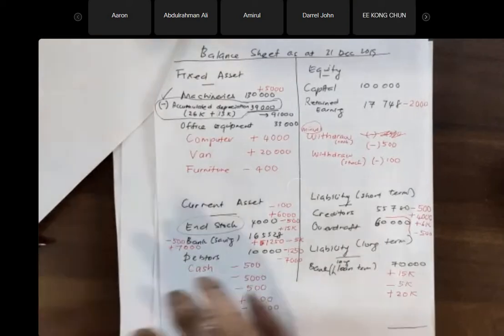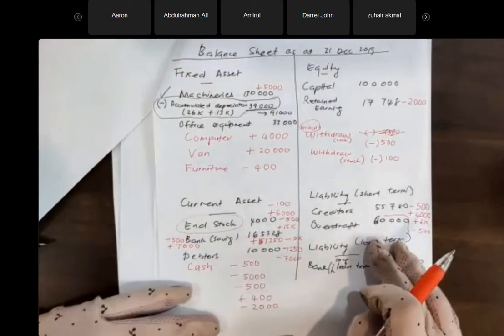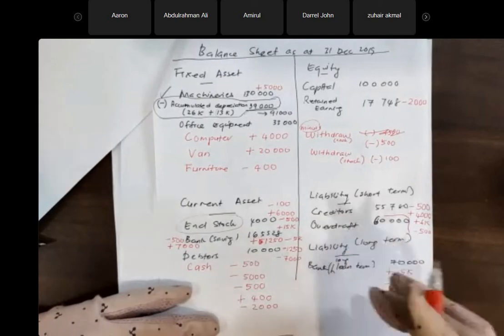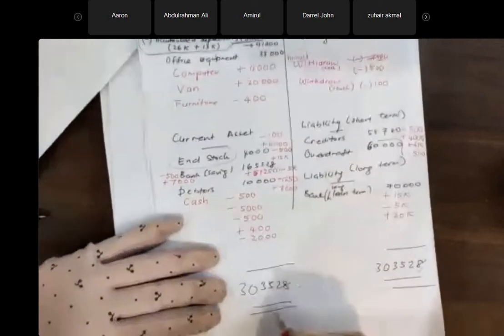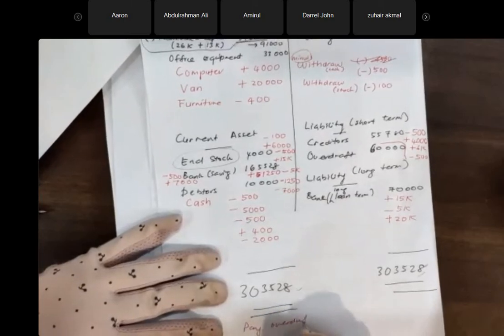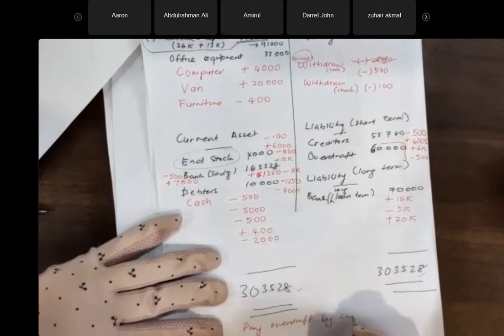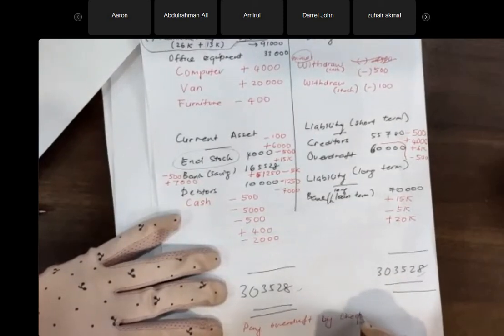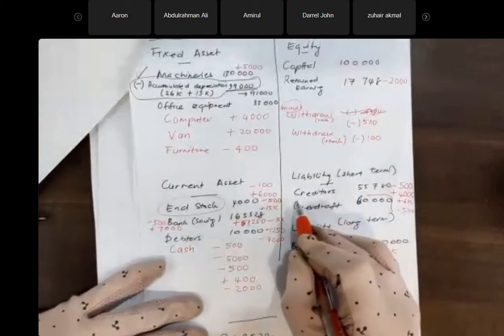Ada ke soalan yang akan relate dengan overdraft? Maybe you want to pay the overdraft. If you pay the overdraft, normally you want to pay by check lah kan? You want to fully clear the overdraft.